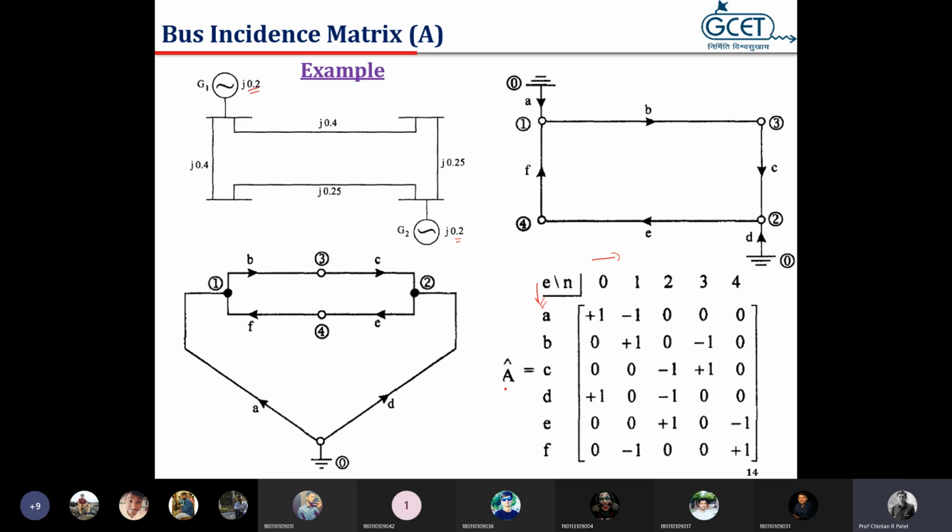So this is A bar or A hat. Whenever we consider the ground node and its corresponding column appears in the matrix, the matrix is known as the element node incidence matrix. And if we remove the first column, then it becomes the bus incidence matrix.